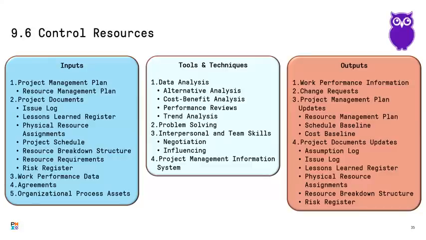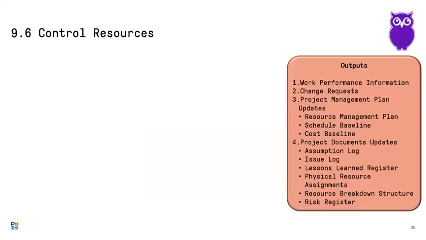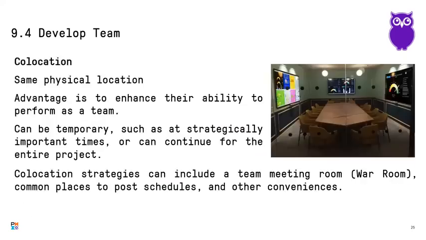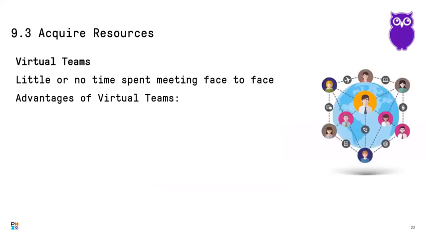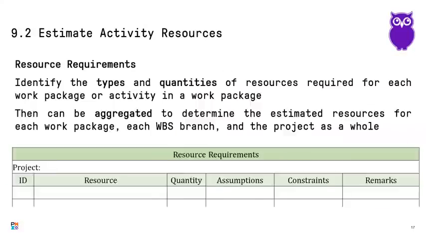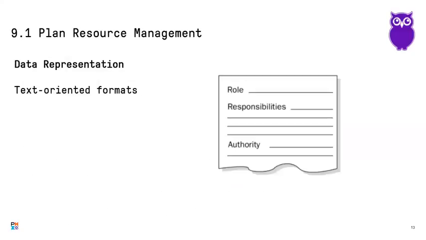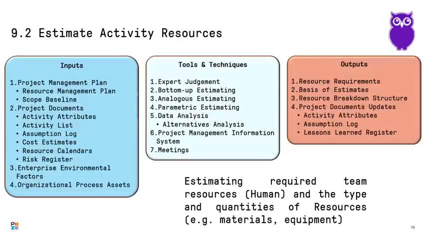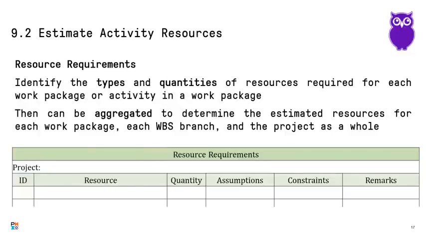But to identify the resources, you need to know what you need for the project. The main difference in identifying resources, if we're talking about process 9.2, estimate activity resources, is that you identify them by category rather than by name.